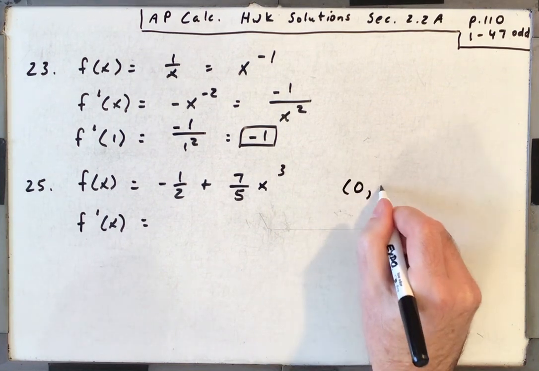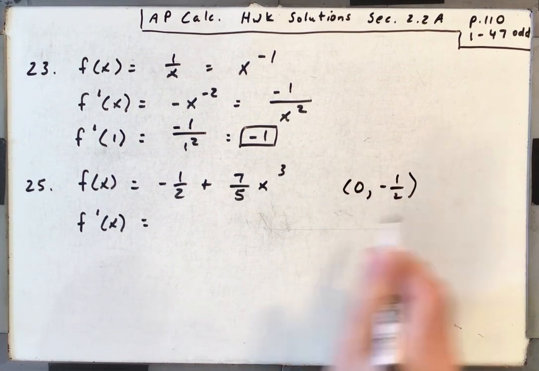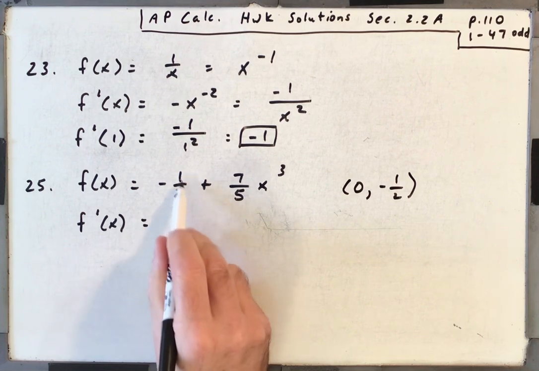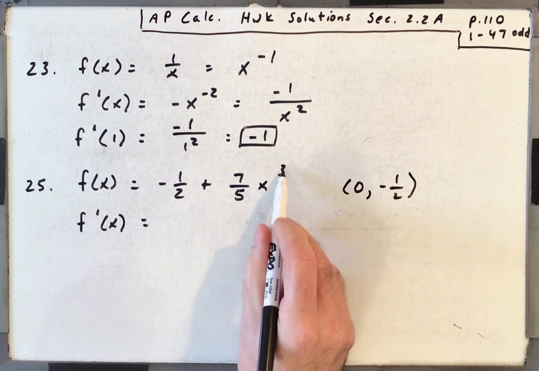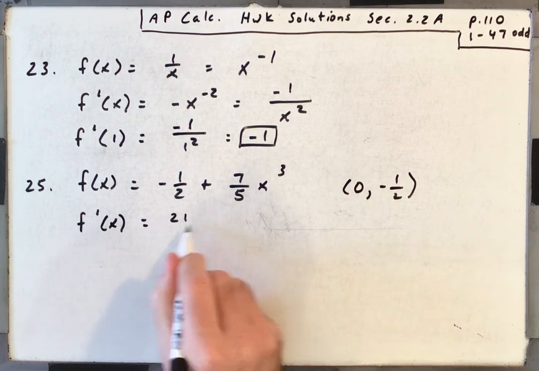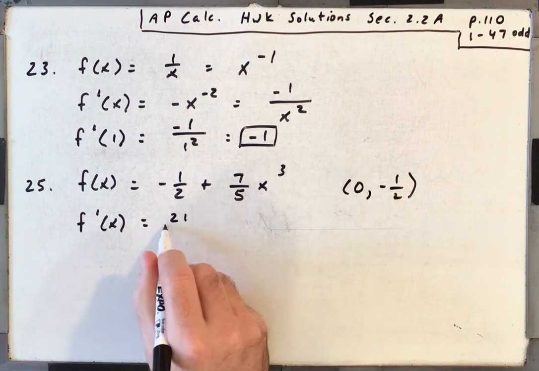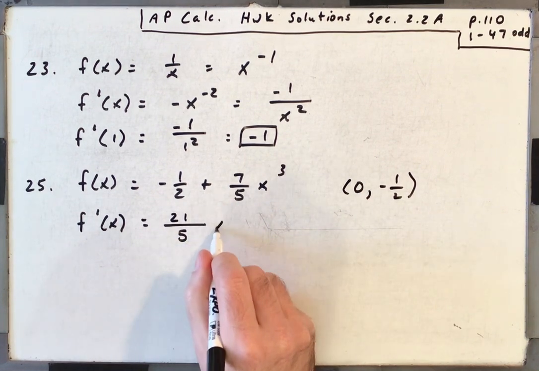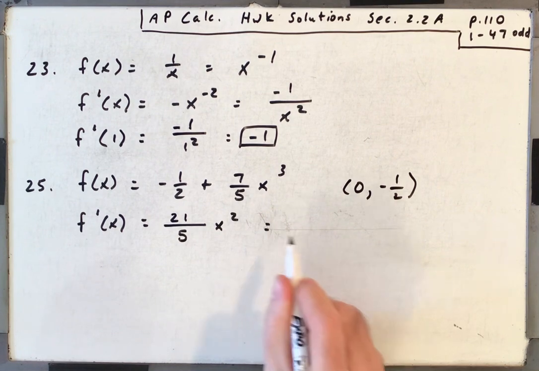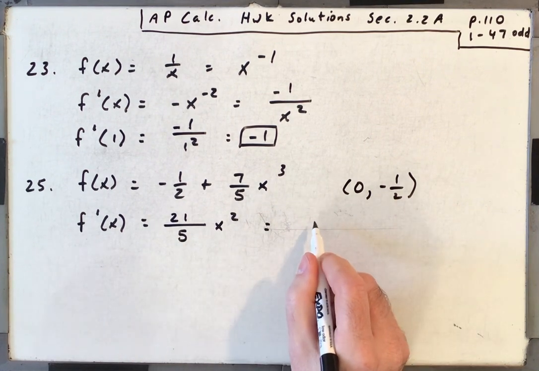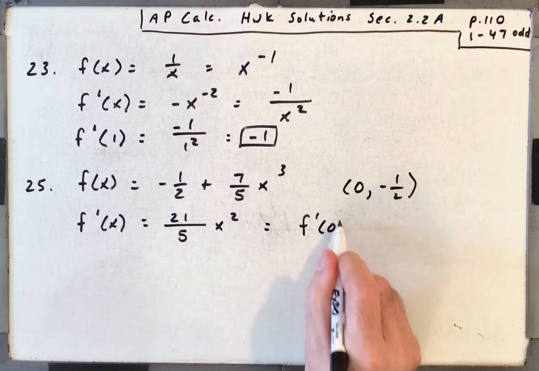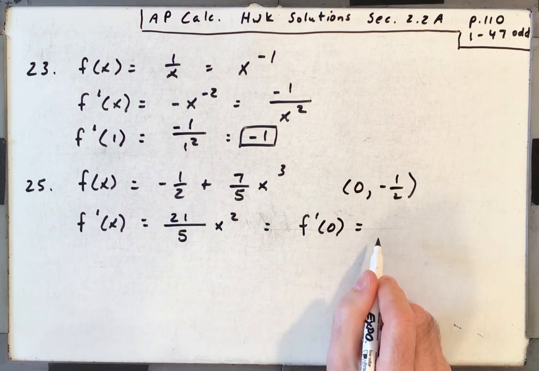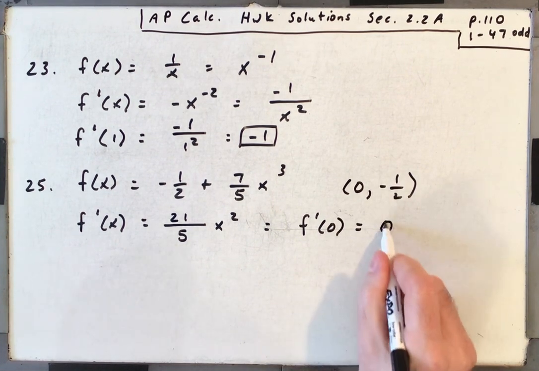So we're just going to plug in 0, so this should be pretty easy when we take the derivative. The derivative of a constant is 0, and then 3 times 7/5 would be 21 over 5 x squared. But when we plug in a 0, f prime of 0 is just going to be 0.